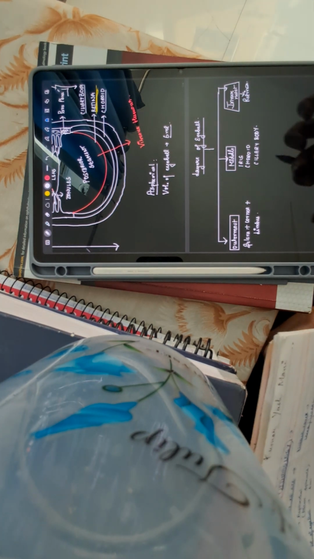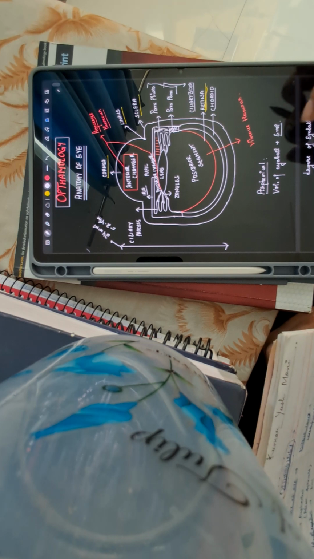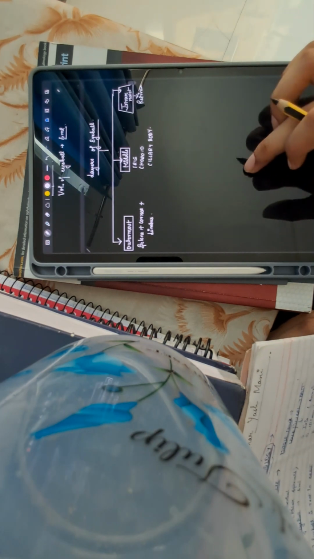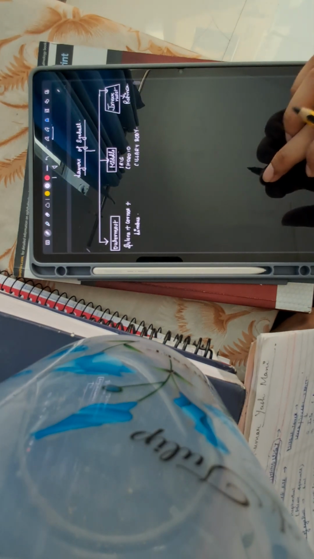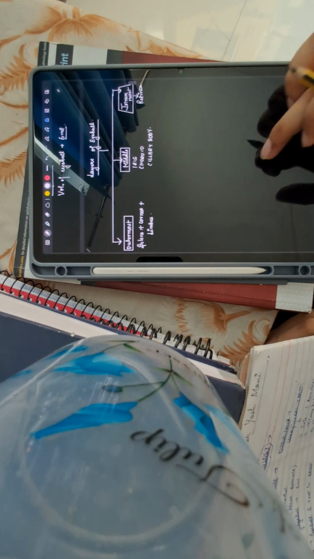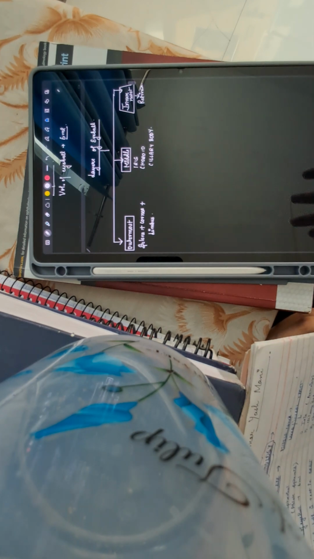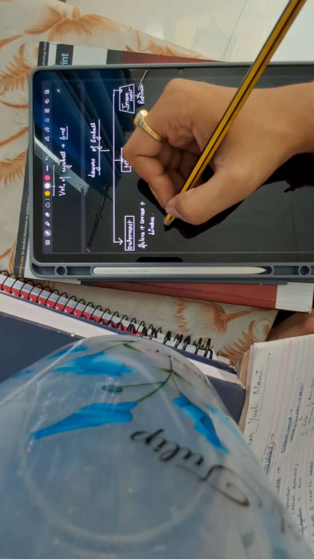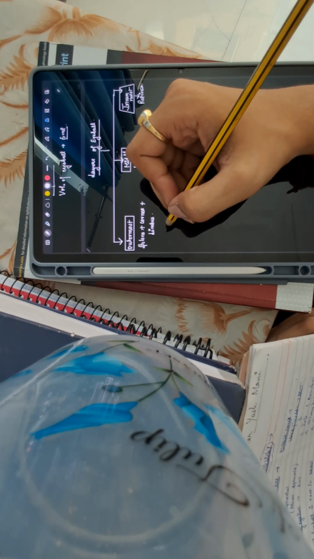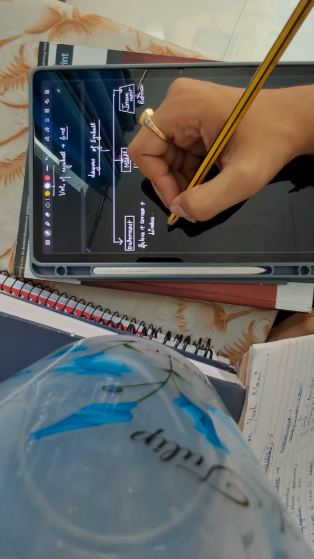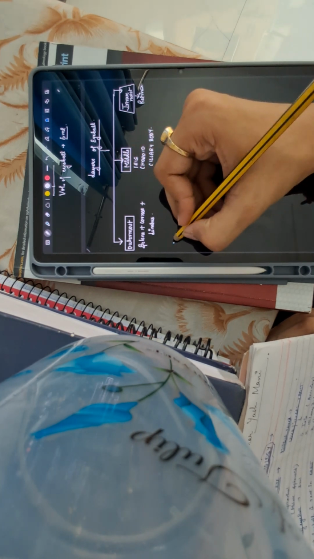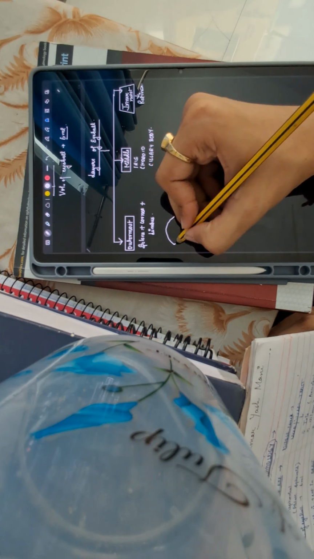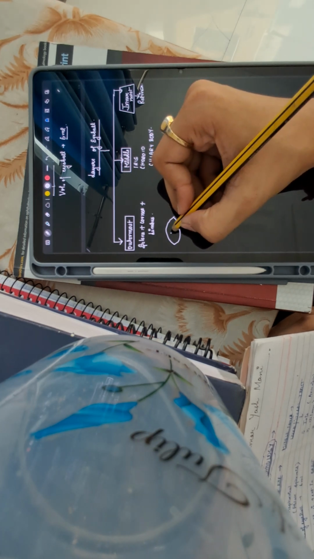Is it okay? After knowing about that much, let's go into details for this. We will talk in simple details, not too much. Let's draw a simple diagram just to know what things are.